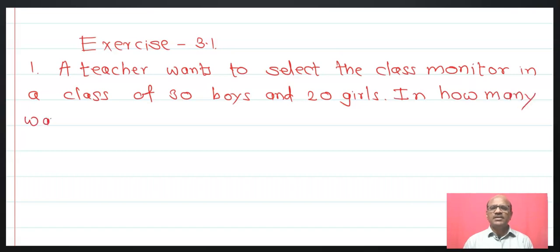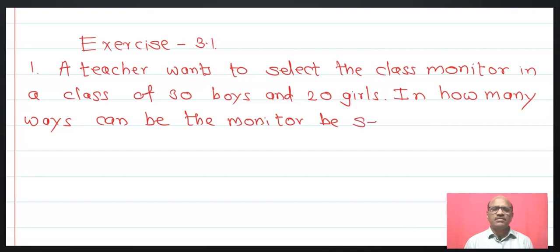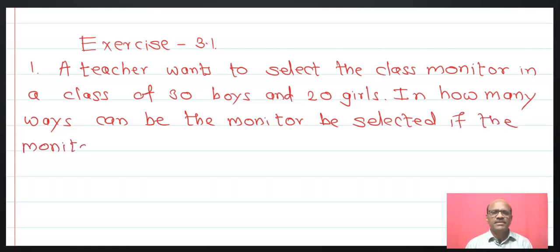In how many ways can the monitor be selected if the monitor must be a girl?